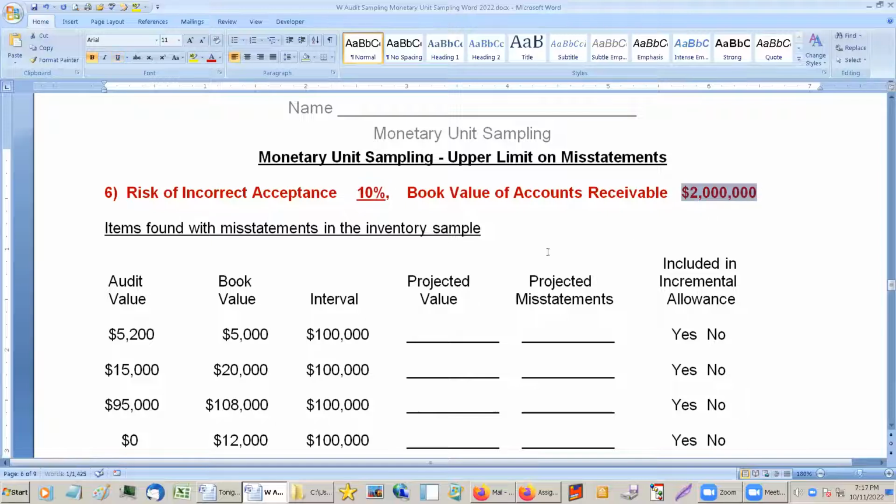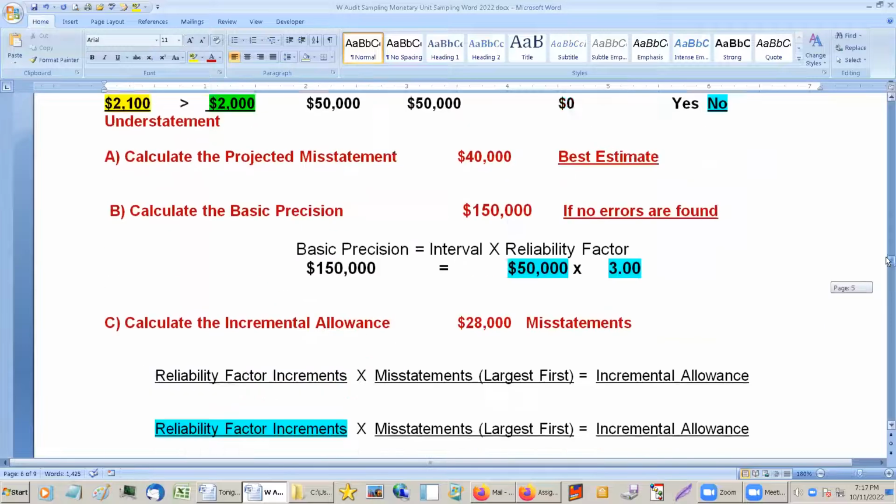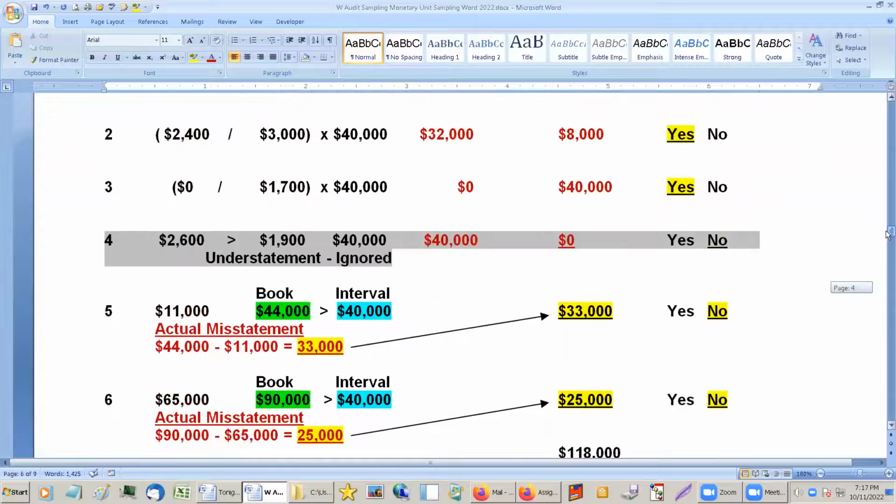And the book value is 2 million. Okay, so coming down here, I should give these some kind of a first one. What do we do with the first one here? You know, we should probably look up here to this one.